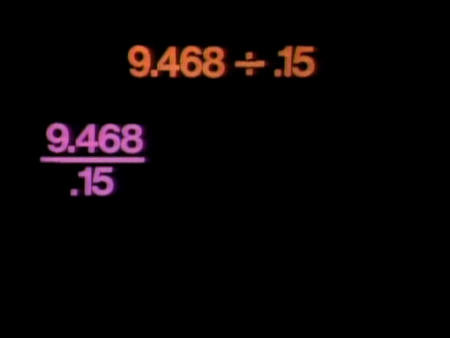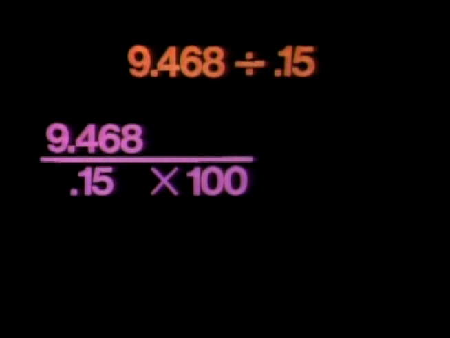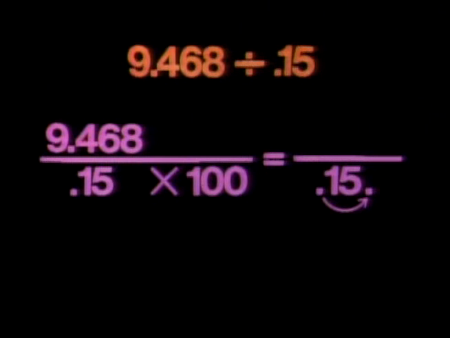In this case, the denominator is 0.15, and we want to move the decimal point 2 places to the right. But as you may remember, this happens almost automatically if we multiply by 100. To multiply by 100, all we do is move the decimal point 2 places to the right.